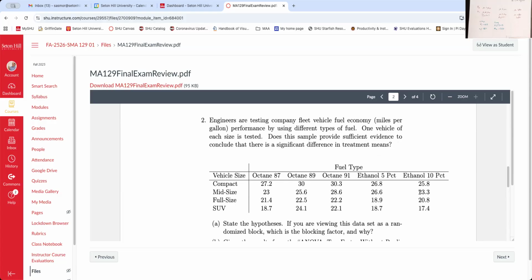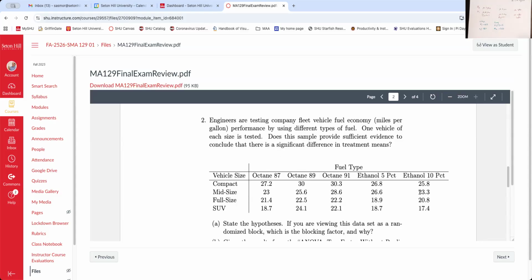Types of fuel change the fuel economy performance. So really, I want to know about the fuel. I don't really care about the vehicle size, do I? So there's an option here to talk about one factor being important and the other one not really being important. If I am thinking of this as a randomized block, in other words, I only care about this, I don't care about this, that's my definition for a blocking factor.